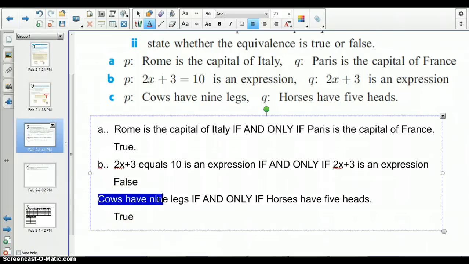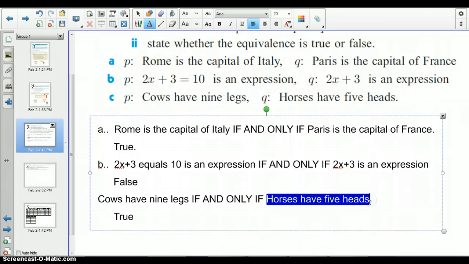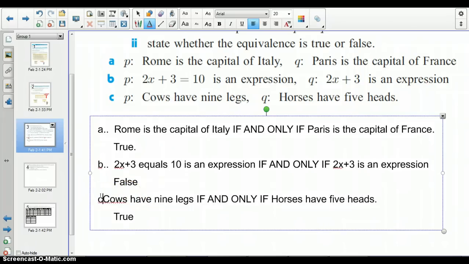The antecedent is false. Cows don't have 9 legs, they only have 4. And the consequent, horses have 5 heads, is also false, because horses only have 1 head. When both the antecedent and the consequent are false, they have the same truth values, so our equivalence is true.